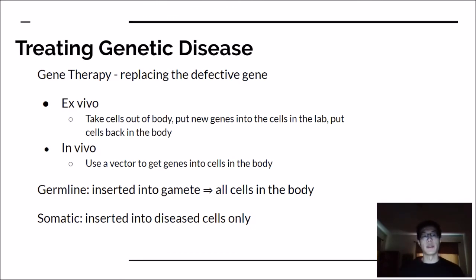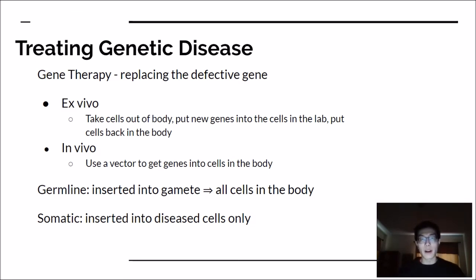The first way is with an ex vivo method, which is where you take the cells out of the body, you put new genes into the cells in the lab, and then you put those cells back into the body. The other method is an in vivo method, where you take a vector, you get the genes in that vector, and then you use that vector to inject the genes into the body, and hopefully you solve the issue.